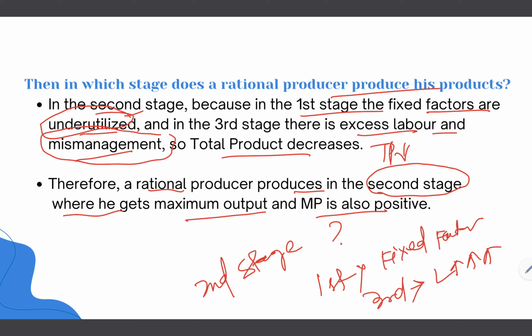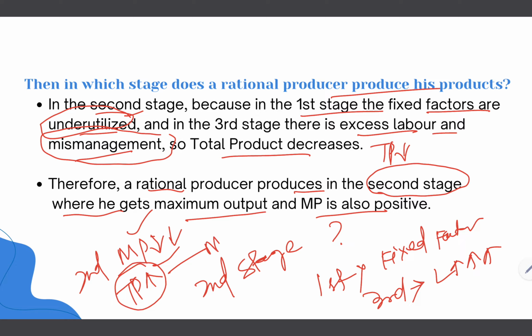So in the second stage, MP is declining and TP increases at a diminishing rate, but both are still positive. TP increases and also gets the maximum value, maximum output. So that's why, for a rational producer, the second stage is the stage where he gets the maximum output and where he wants to produce.